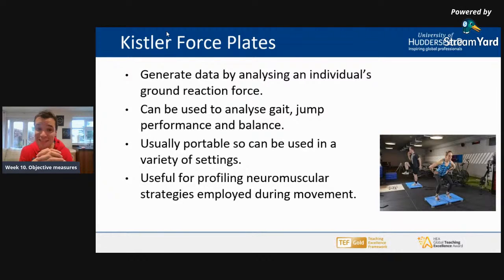It has been used to assess balance, to try and give a quantitative and objective assessment of balance by looking at what's called time to stabilization. So you might get someone to do a single leg stand, like the chappie in the background of the diagram, and on the weight bearing leg, it will look at the medial lateral sway of the foot and calculate the time it takes to return to what's called stable.